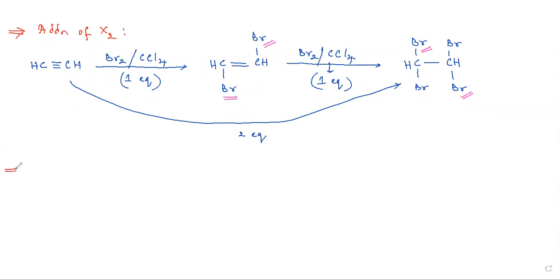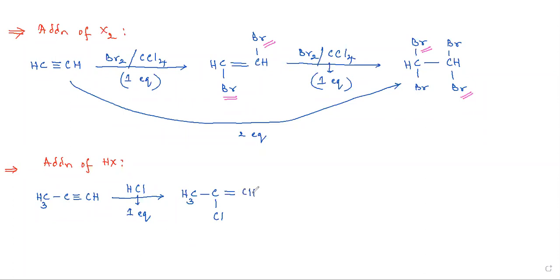Then the next one is addition of hydrogen halide, HX. Let us consider something which is unsymmetric to understand the addition of HX. Add one equivalent. According to Markovnikov, we get this.